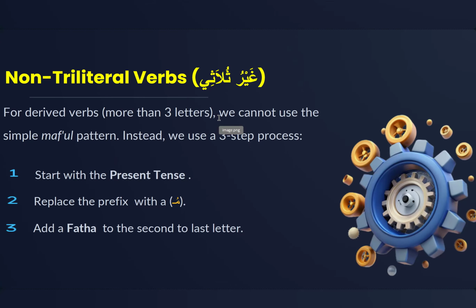The first step is to change into present tense, and then we replace the present tense letter with mu, mim with dhamma, and then we add a fatha to the second last letter. So this is the pattern that we follow. Change it into present tense, then change the first letter ya to mu, and add fatha to the second last letter.